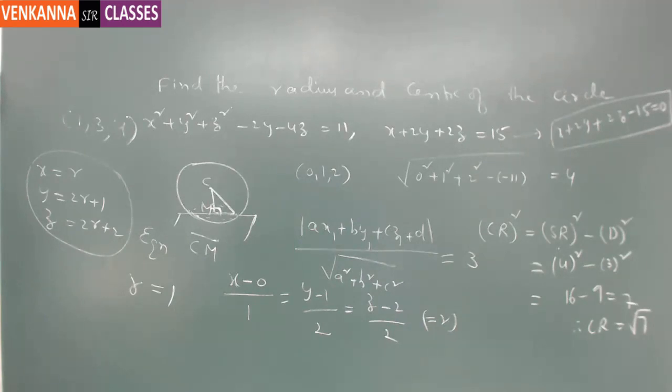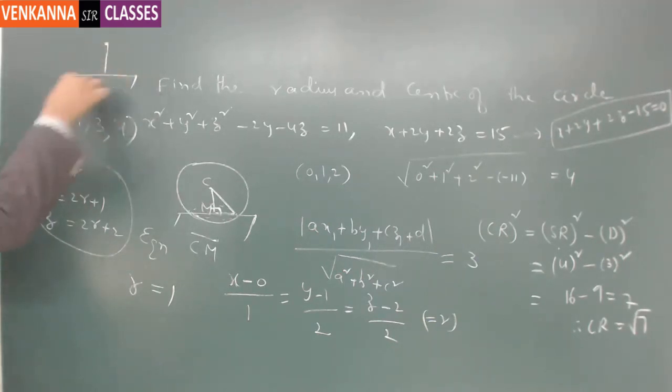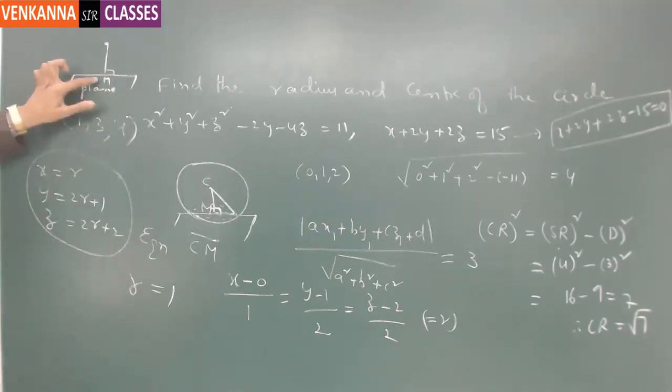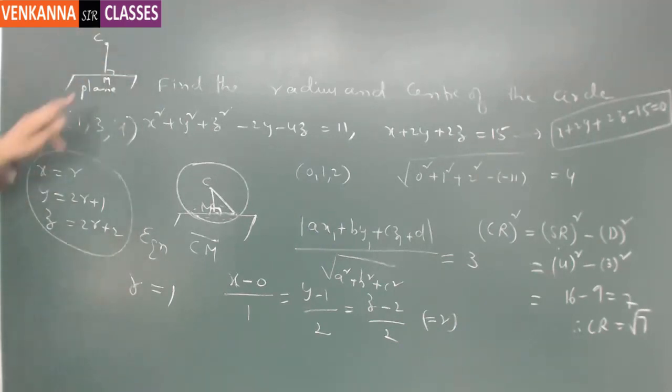Then I will take the other model. That's what I am saying. This is the plane. M is the foot. So M lies on the plane, isn't it? So if you substitute different values of r here, you will get different points.